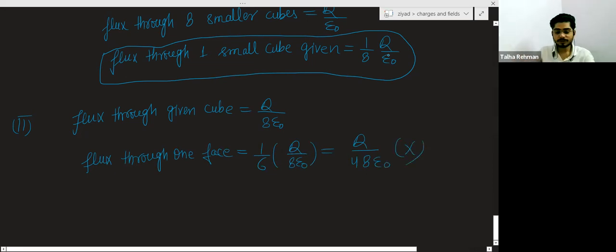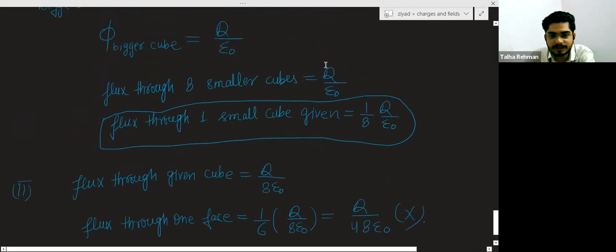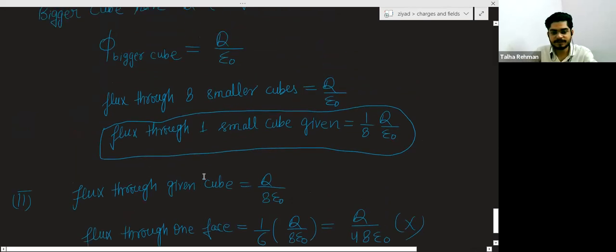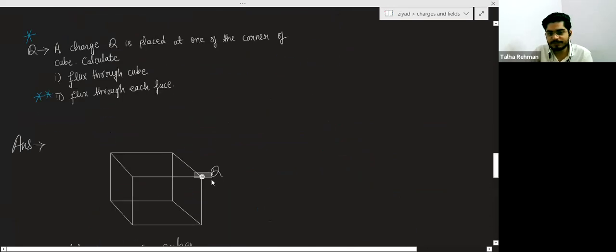Why is this wrong? Because you have to imagine it like this. You have a charge here. This charge will contribute flux only to three faces.